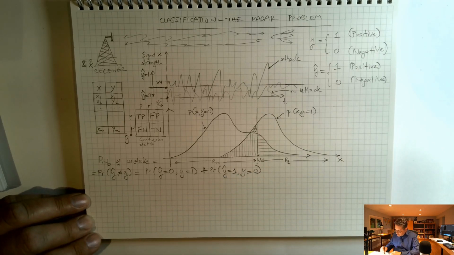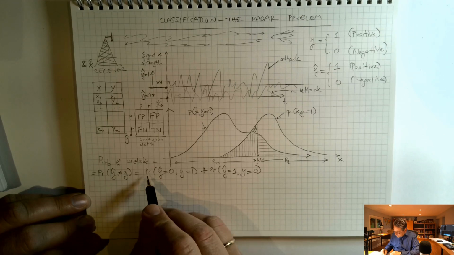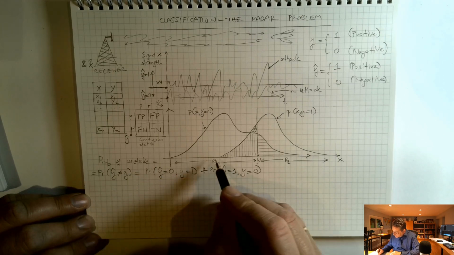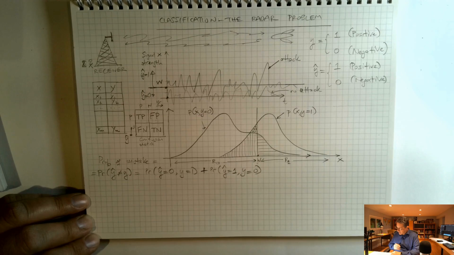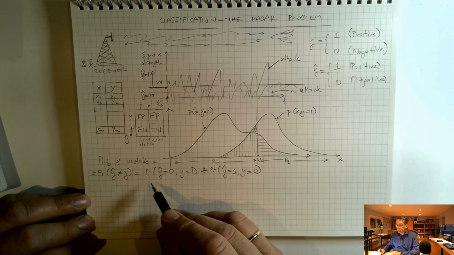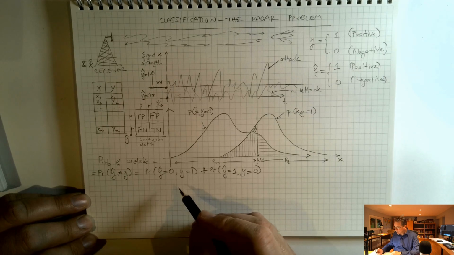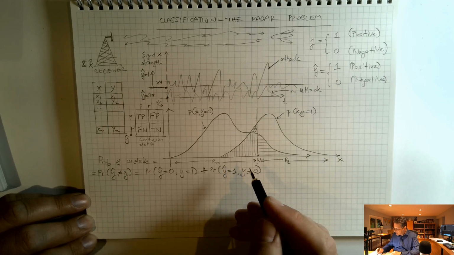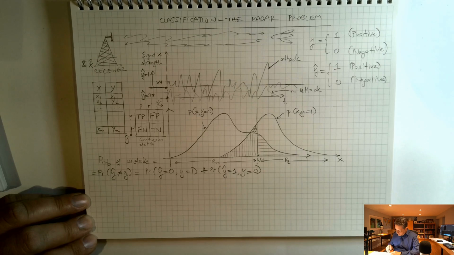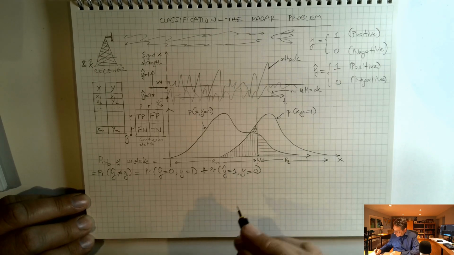We can actually start quantifying these probabilities based on the area under those curves. And I hope you all remember that probability for continuous random variables such as signal strength over here is manifested by such areas.